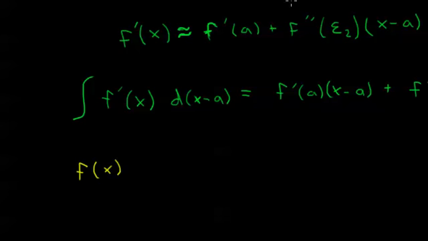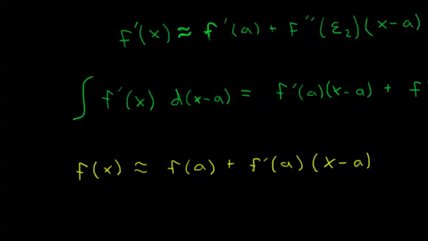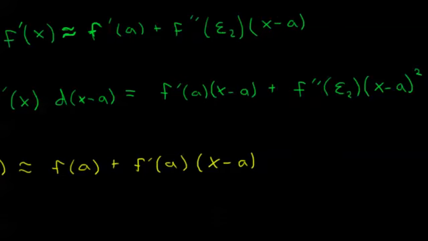And since we've made this approximation that it only depends on x squared, we have a squiggly equals, so it's approximately equal to f of a, which is our constant of integration, plus this term here, which is f prime of a times x minus a, plus this next term, which I've just realized I've forgotten a factor of 2 in.